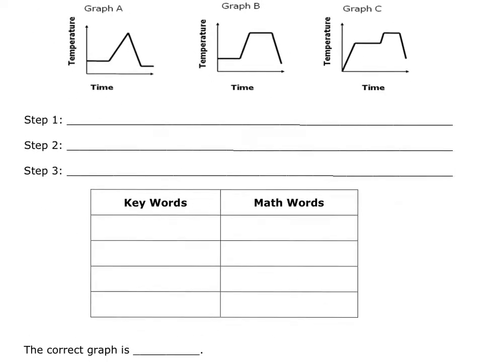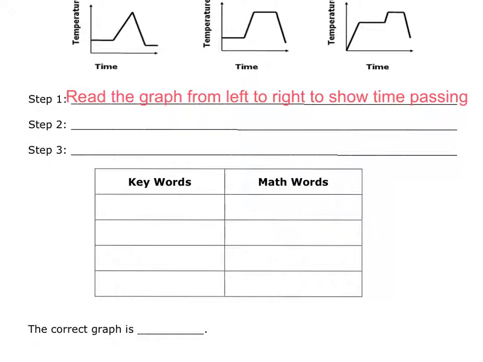The first step to decide which graph would be the best is to read the graph from left to right, like a book, to show time passing. Take a second to write that down.